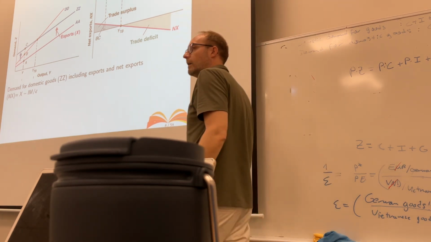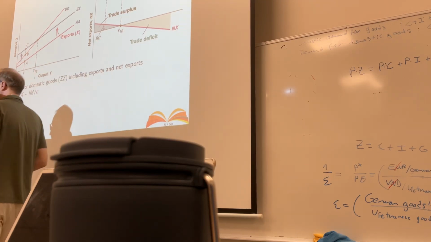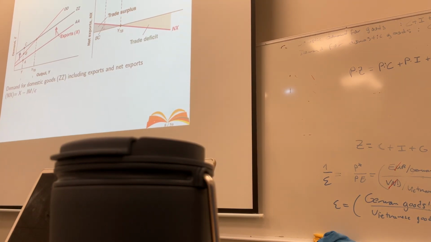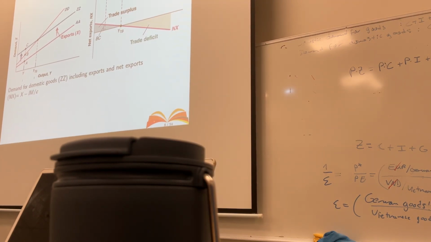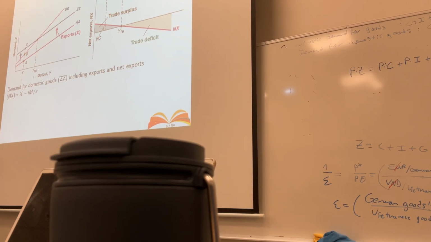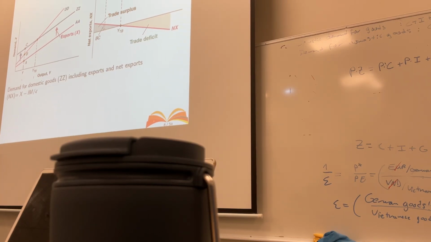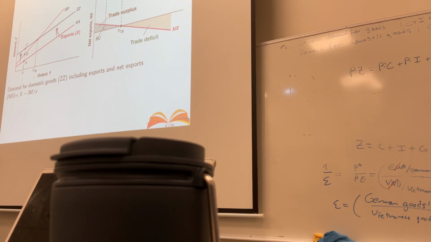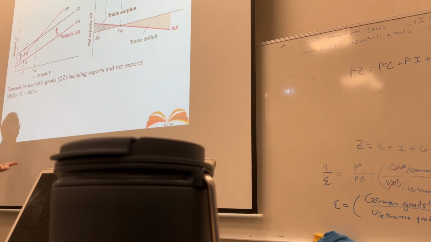But compared to our perspective yesterday, our demand curve is now flatter. And so if our income goes up, our demand for domestic goods is going to go up, but not by as much as before. What are we going to do? We're going to buy maybe a VinFast car and a BYD car.